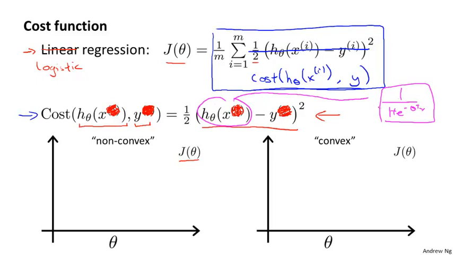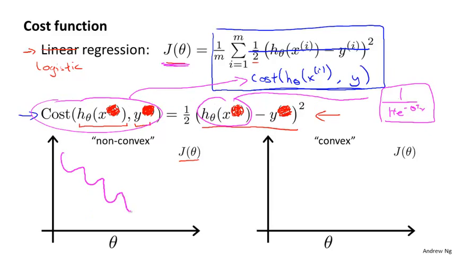And if you take this sigmoid function, plug it in here, and then take this cost function and plug it in there, and then plot what J of theta looks like, you find that J of theta can look like a function like this, with many local optima. The formal term for this is that this is a non-convex function.